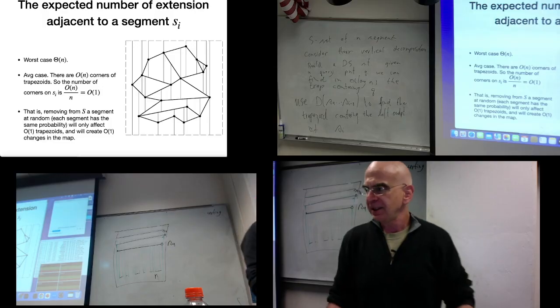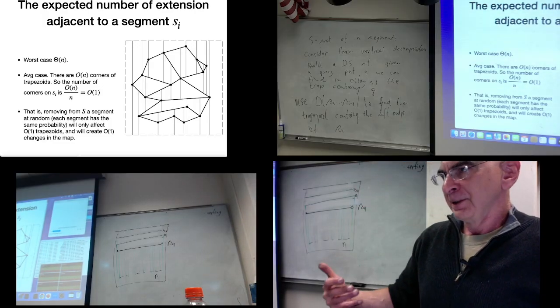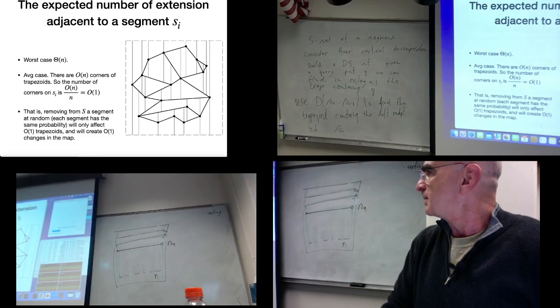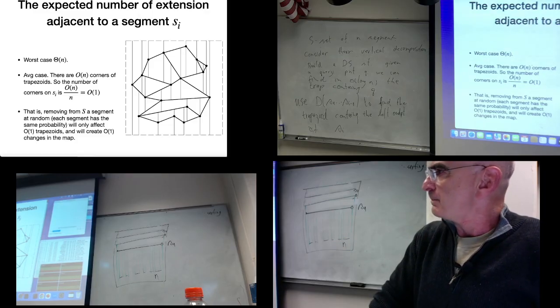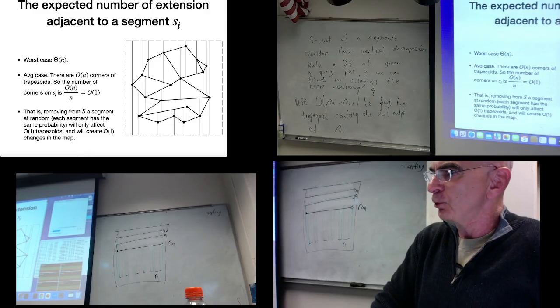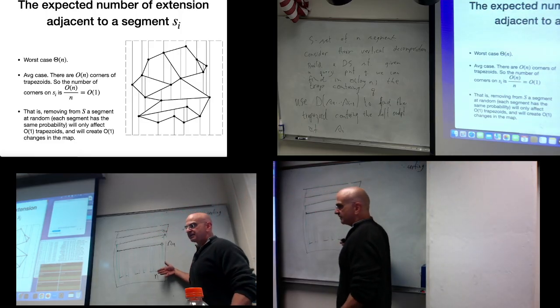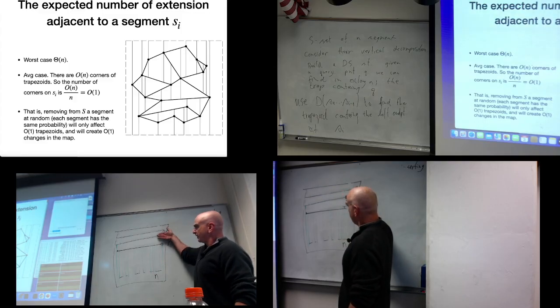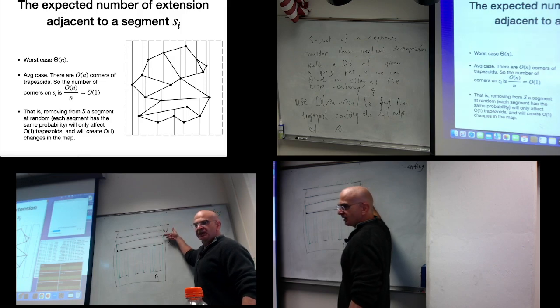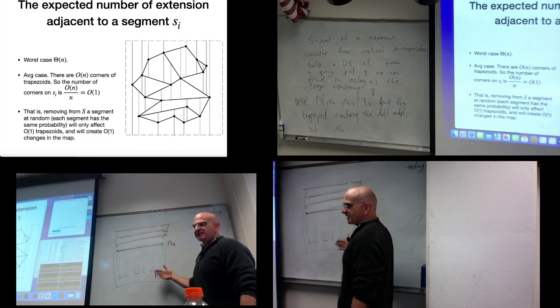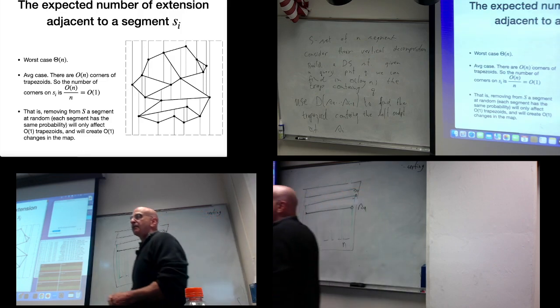So that's just an example that because of Euler, each segment just touches n trapezoids, meaning that if I remove a segment at random, it will change n trapezoids, meaning that if I now insert them at random and ask for each segment, if it is the last one, how many changes will it do divided by the number of segments? It will be a constant.